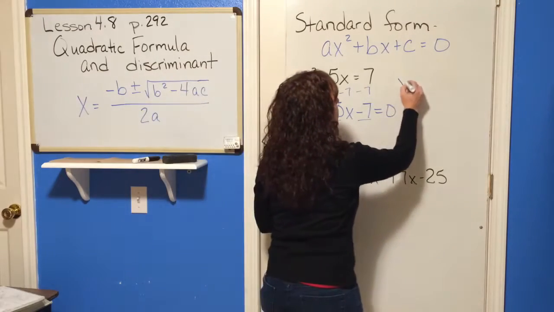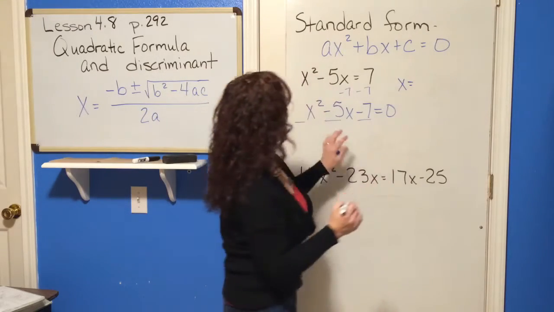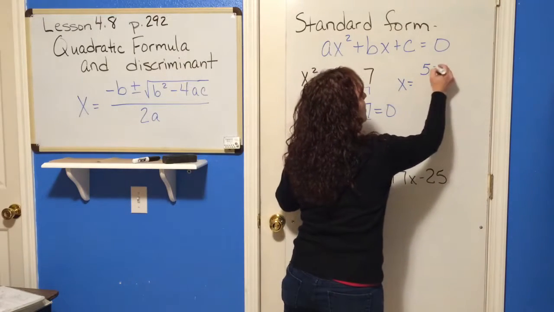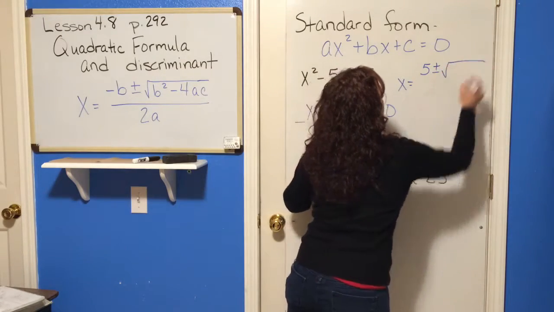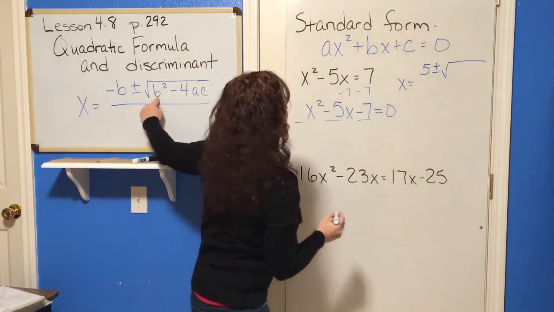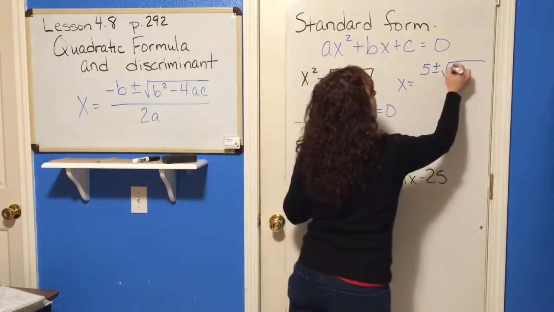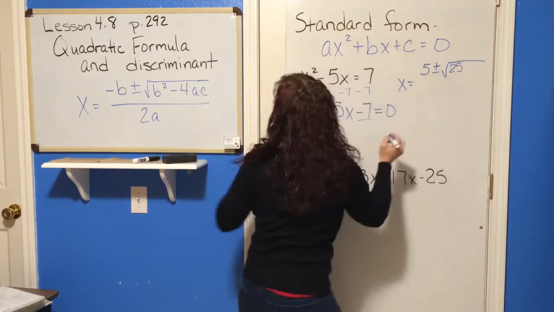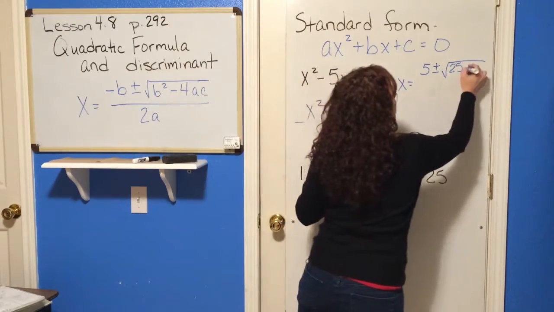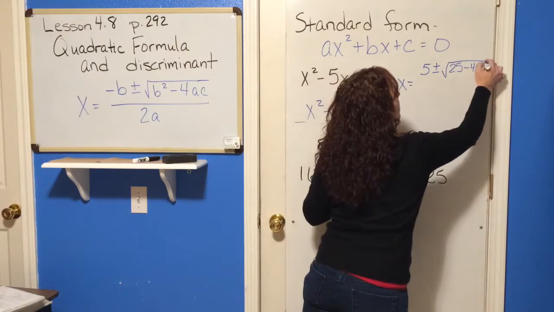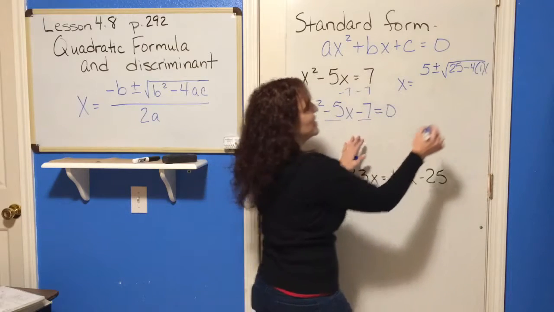So x equals negative b, so negative of a negative 5 is positive 5, plus or minus the square root of b squared, so b still is negative 5 squared is 25, minus 4 times a is 1, times c is negative 7.